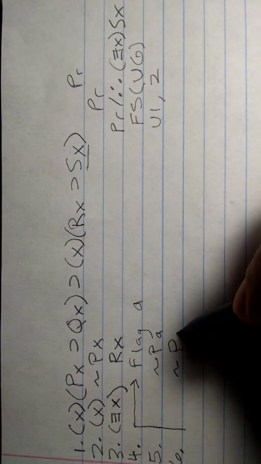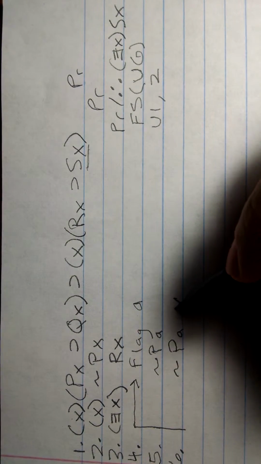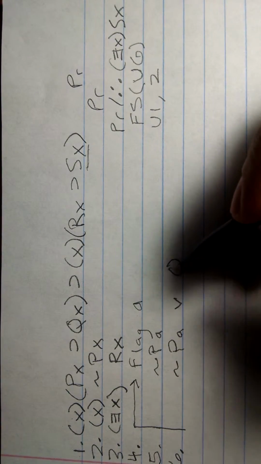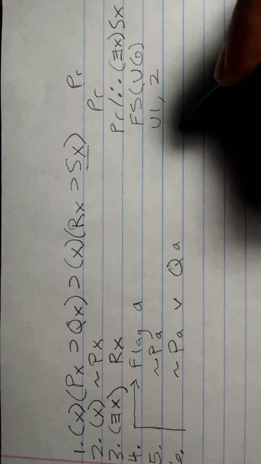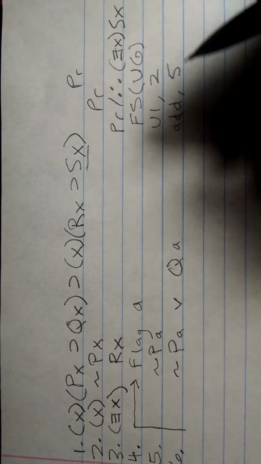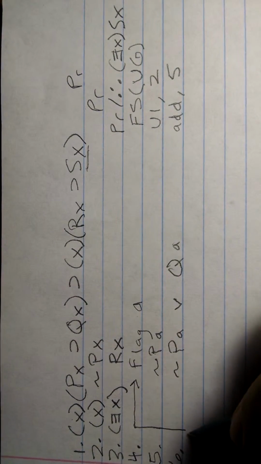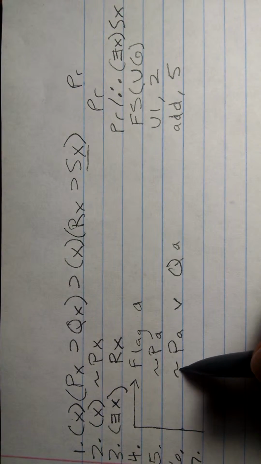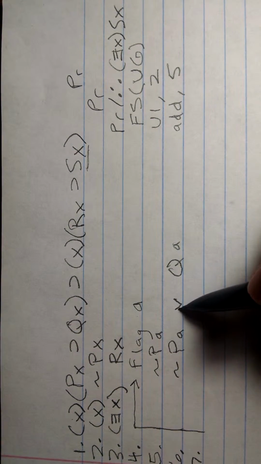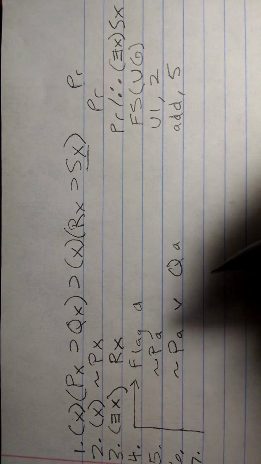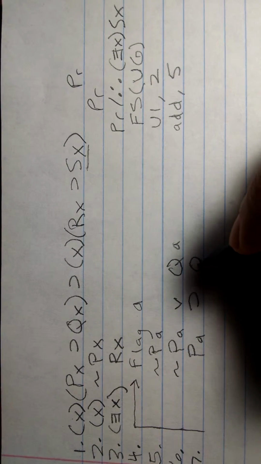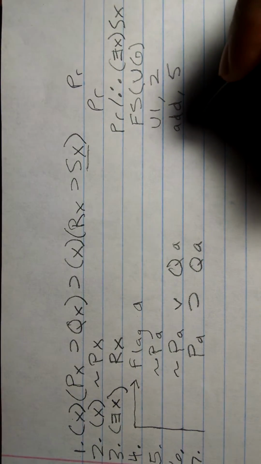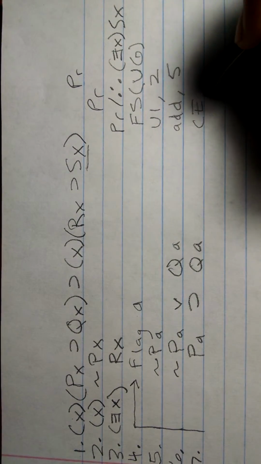So not PA, wedge QA, and that is addition on 5. Now through conditional exchange, which gets rid of the tilde and exchanges the wedge for a conditional, we get PA horseshoe QA, and that's conditional exchange on 6.